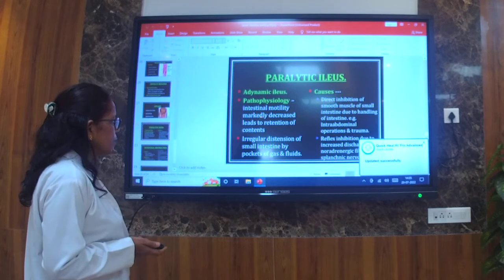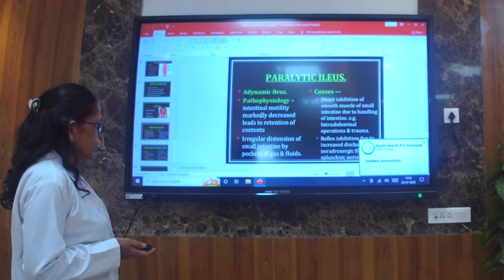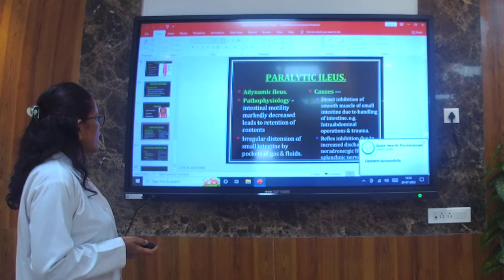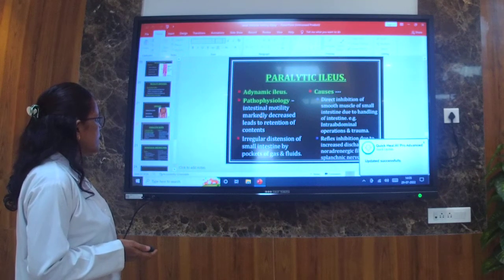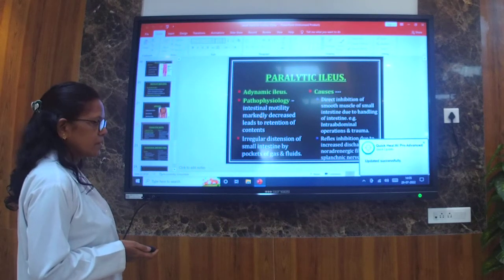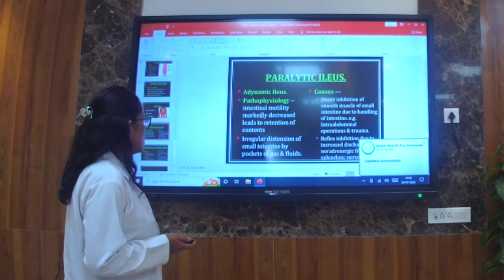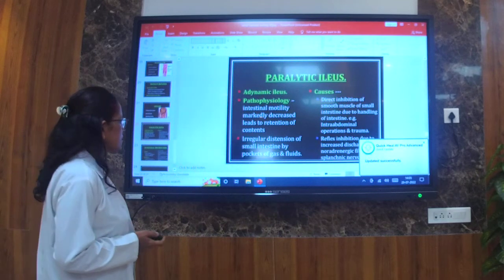Then reflex inhibition due to increased discharge of the noradrenergic splanchnic nerve. Then what is actual paralytic ileus? Intestinal motility markedly decreases, and that leads to retention of the contents in the intestine.